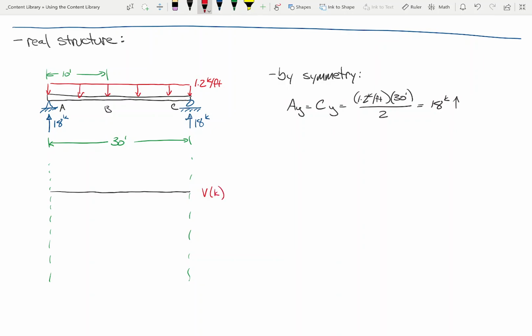Okay, now, when I said naively attack this, what I meant is, okay, we're going to start off by constructing the shear diagram, okay? So we're going to go up from 0 to 18. Then what is it going to look like from end to end? It's going to be linear.